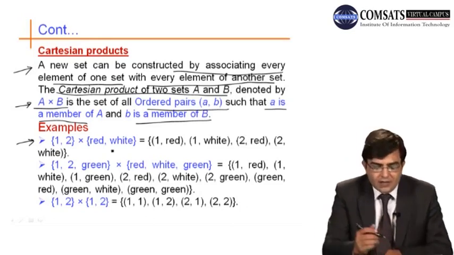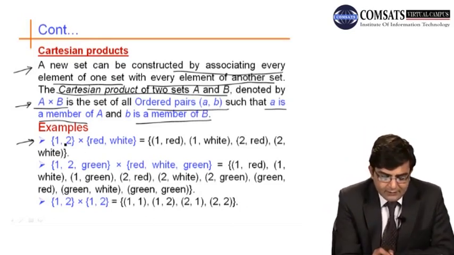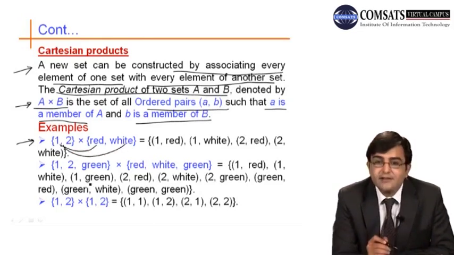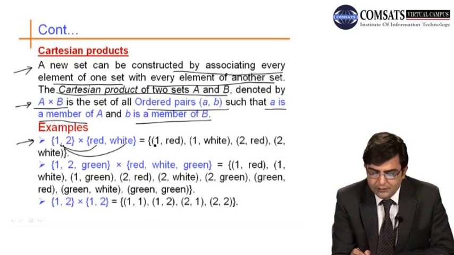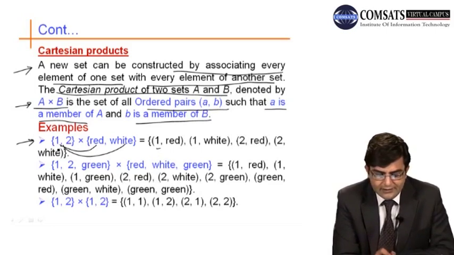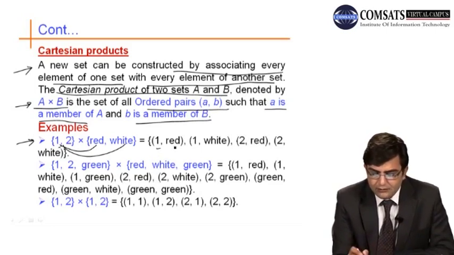We write the first element of the first set with the first, then with the second, as an ordered pair. In a pair, we write the first element of the first set and the element of the second set on the second place.